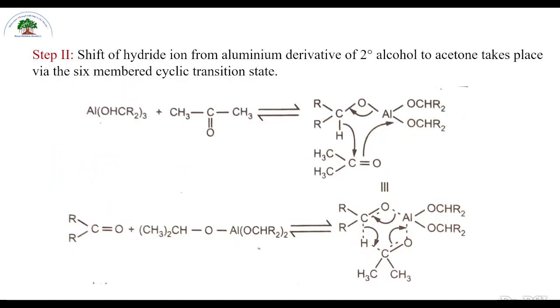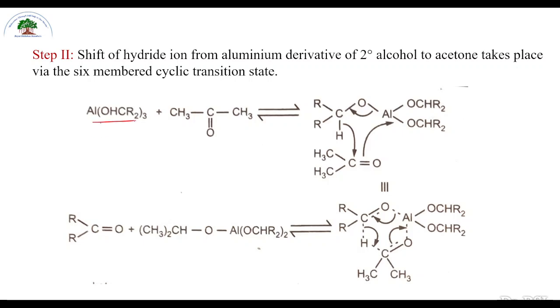In step 2, shift of hydride ion from the aluminum derivative to the acetone takes place via a six-membered cyclic transition state.